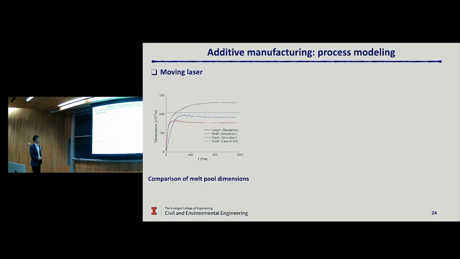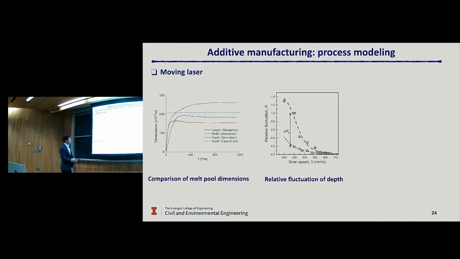Here, I want to show one phenomenon which is very interesting. For the melting pool depths, when your laser is moving, you see fluctuations, but the fluctuation is very small. It's much smaller compared with the depth fluctuation for the stationary laser case. We didn't do a parametric study, but this modeling result actually supports one finding from the experimental investigation from Argonne National Lab.